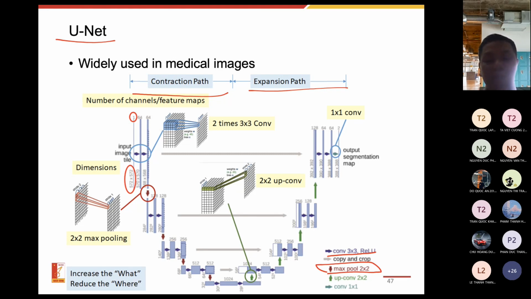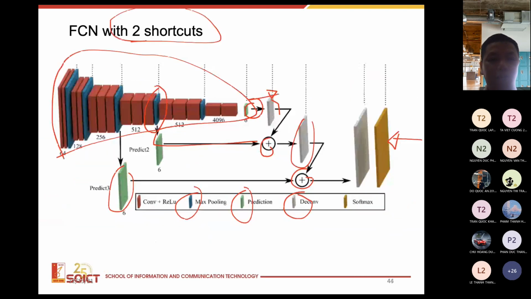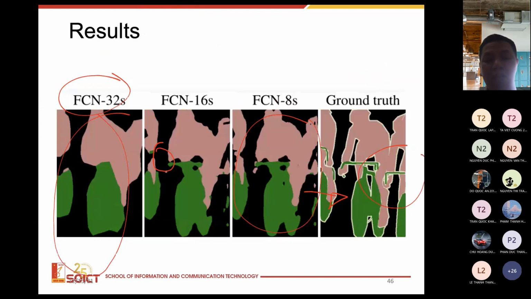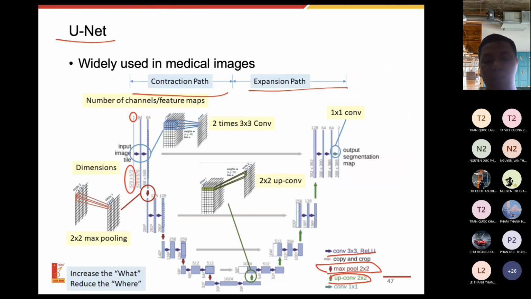And here we start the expansion part by doing the upsampling, using the up-convolution layer, and then using the shortcut, as in the fully convolutional network, right? You combine with the activation map of the corresponding layer in the contraction path, right?